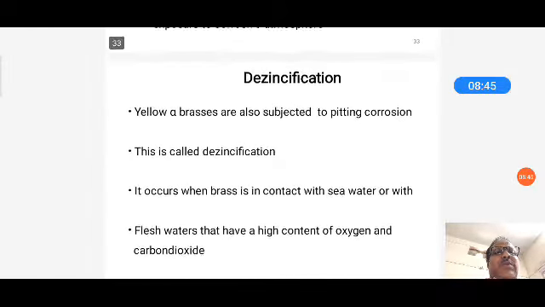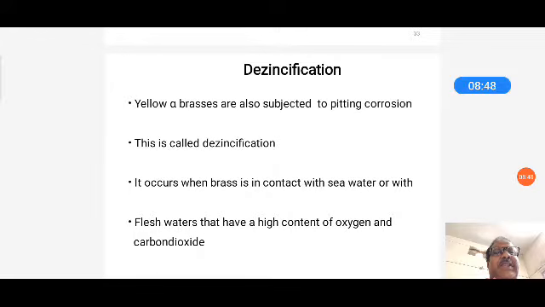Another problem is dezincification. Again, these yellow alpha brasses are subject to pitting corrosion, which is called dezincification.